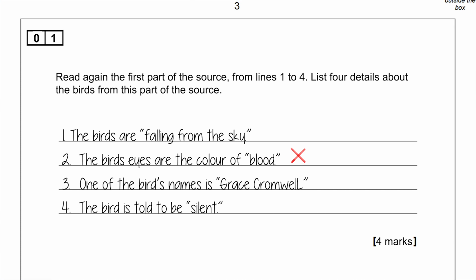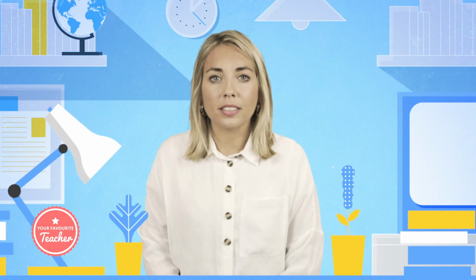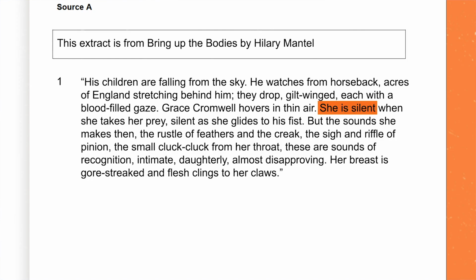Again, with number 4, we've made the same mistake. Even though silent is used to describe the bird's actions, for example, she is silent when she takes her prey, it isn't true that the bird is told to be silent, as the given answer states. Unfortunately, even though this quote is about the bird and quoted well in the sentence, it doesn't state the detail accurately enough to earn a mark.